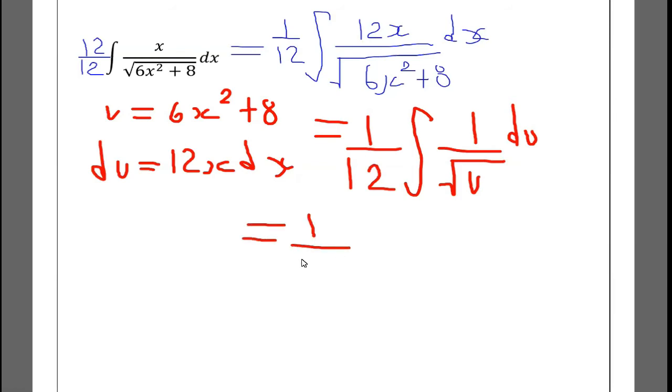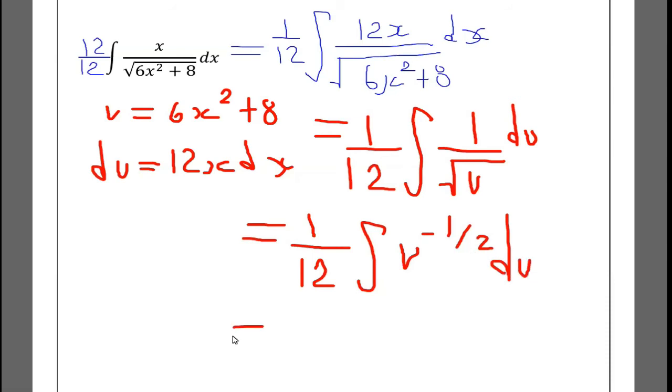And so this is really just 1 over 12 times the integral of, now the root of u is really u to the half, so 1 over root u is u to the minus half. All right, so that's what you would get.